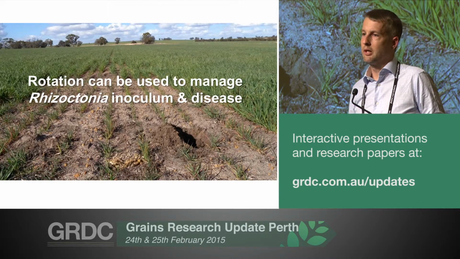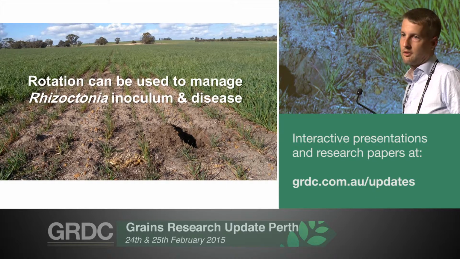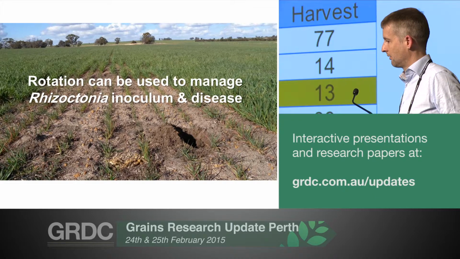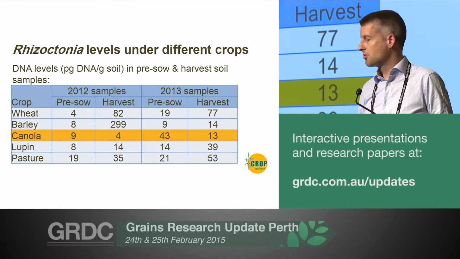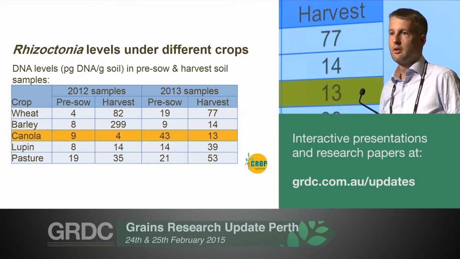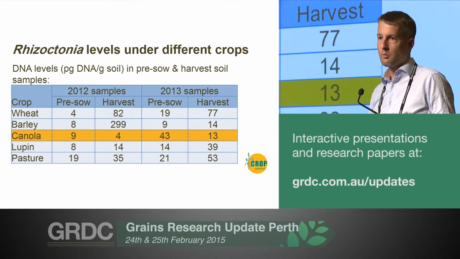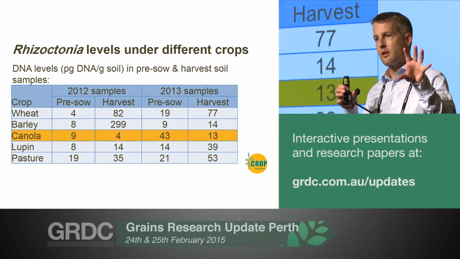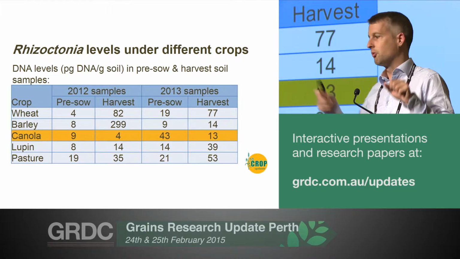Now I want to tell you about rotation. You can use canola to have an effect on the disease. Going back again to these focus paddocks, over these 5 years we found only one crop that had an effect in reducing the inoculum level when you're comparing the early sample with the late in the season soil sample.